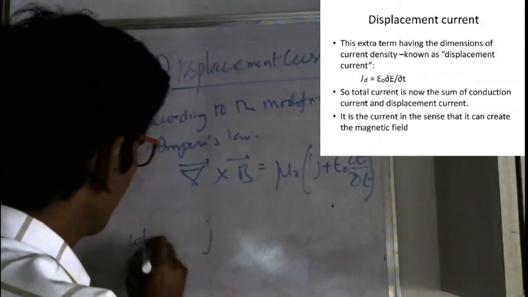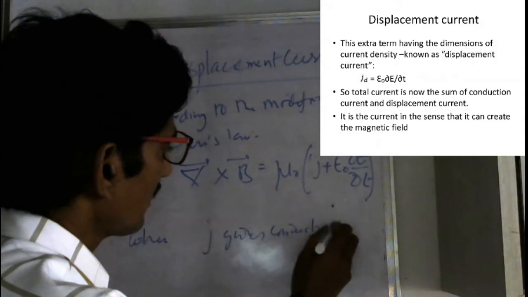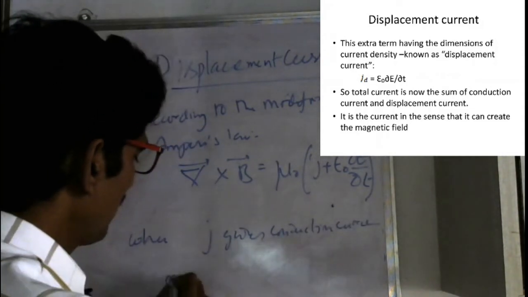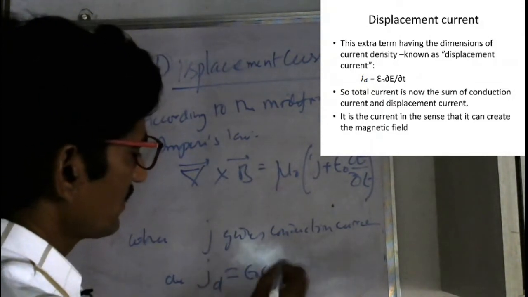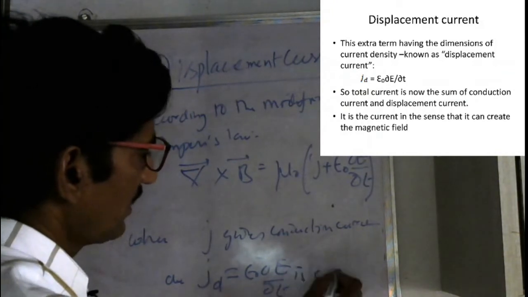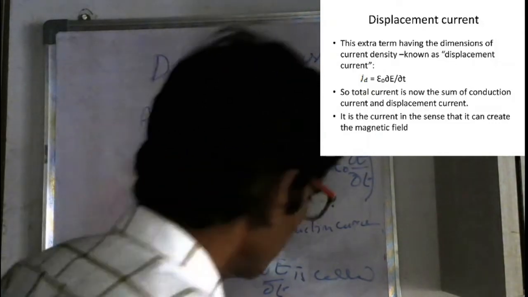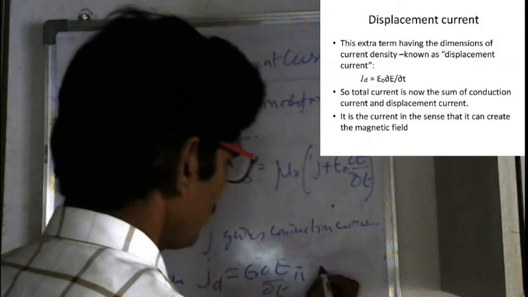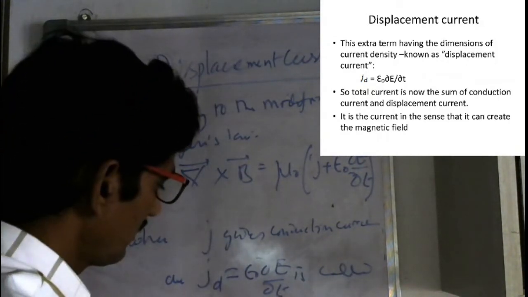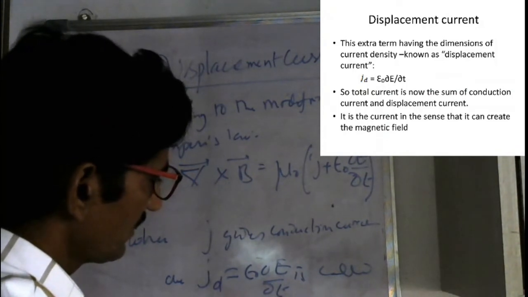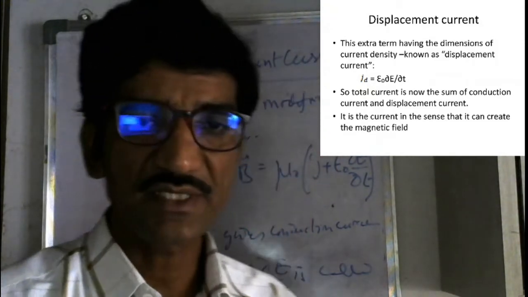Where J gives ordinary current or conduction current, and J_D is equal to epsilon naught dou E by dou t, which is called displacement current.